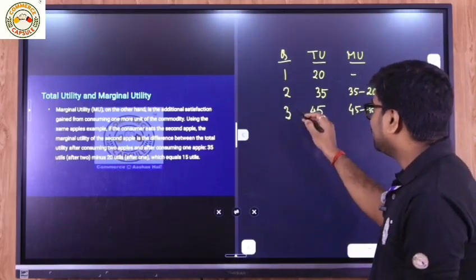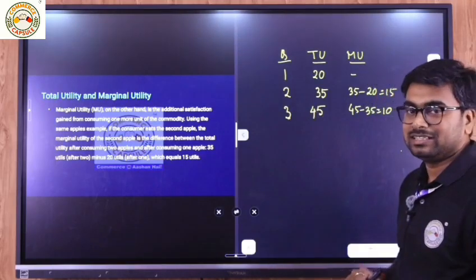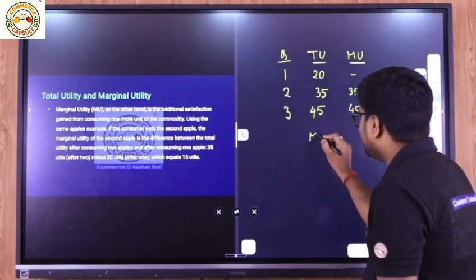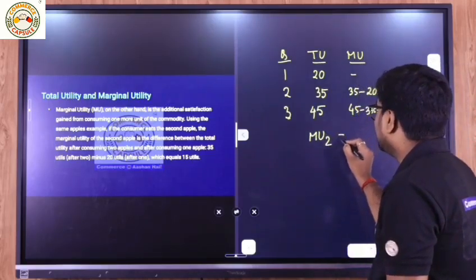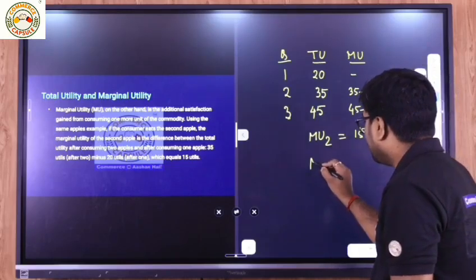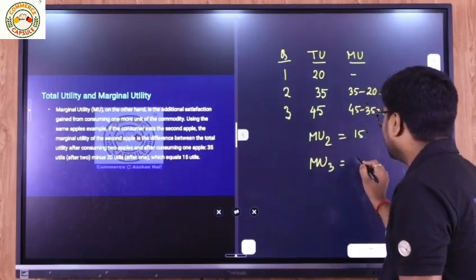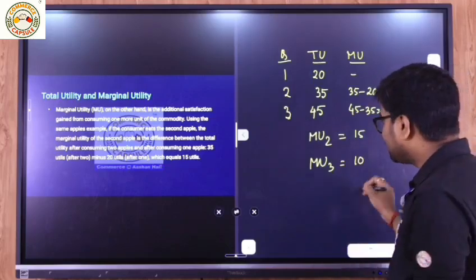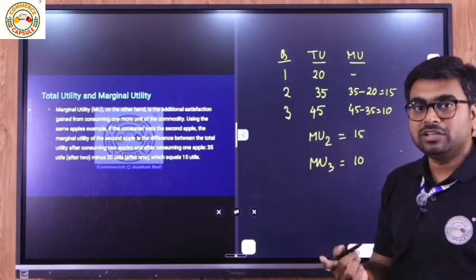For the third unit, marginal utility will be 10. That's why for the second unit or MU2, that will be 15. For MU3, that will be 10.